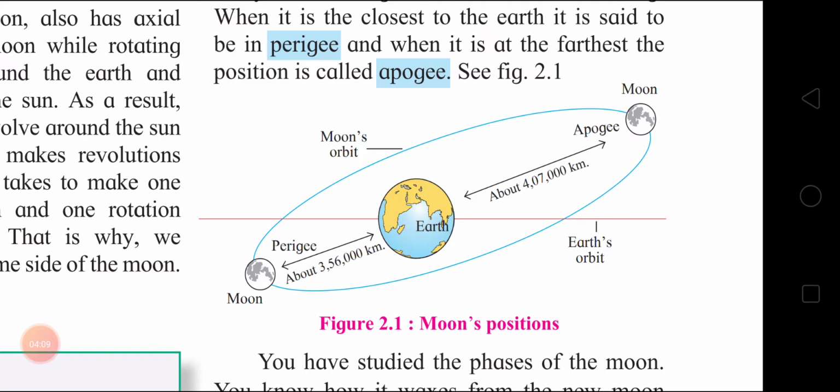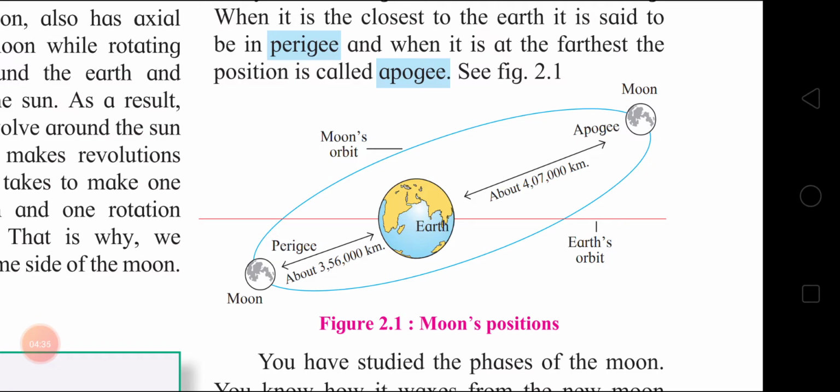And from earth to moon, right side see, about 4,07,000 kilometer distance is there from the moon. So it is the furthest position. So it is called as apogee. Got it, children? This is the concept of perigee and apogee.